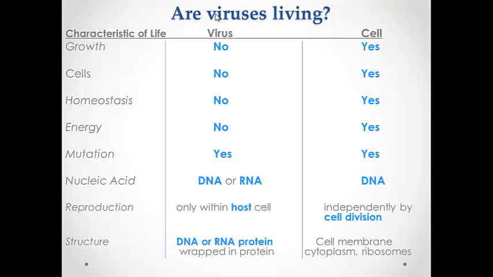It has to be able to grow and develop, has to be made of cells, maintain homeostasis, obtain and use energy, and reproduce. Those are several things that viruses cannot do, mainly because they need a host in order to reproduce and make more of themselves. So that's why they're not living.